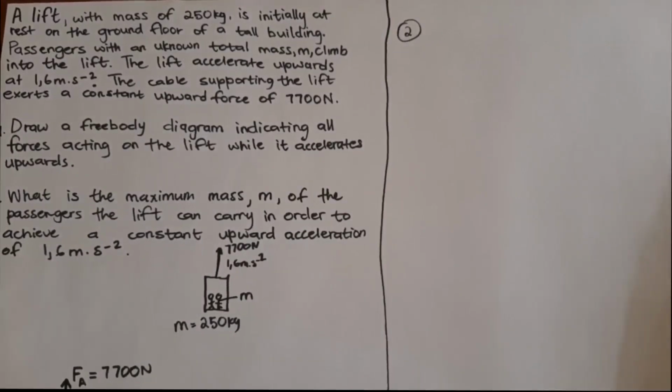If the lift is full of passengers above the limit, the opposing force is too large, because the maximum force that the cable has is 7,700 newtons. If the opposing force is more than that, the lift can't accelerate or move upwards. I hope you get me, guys.